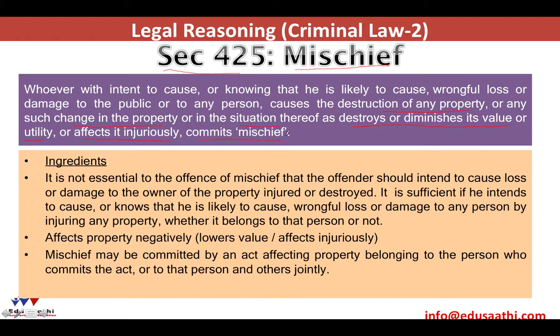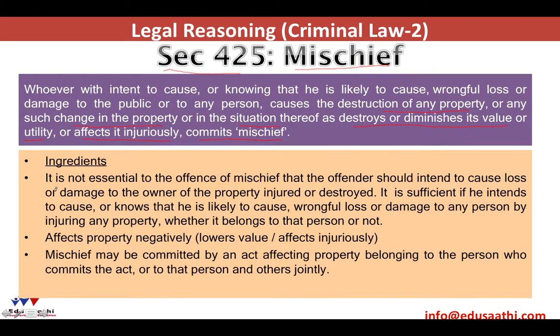So this is an act of destroying or diminishing the value of the property or its utility by causing the destruction or change in the property, which will result in loss or damage to the public or any person.